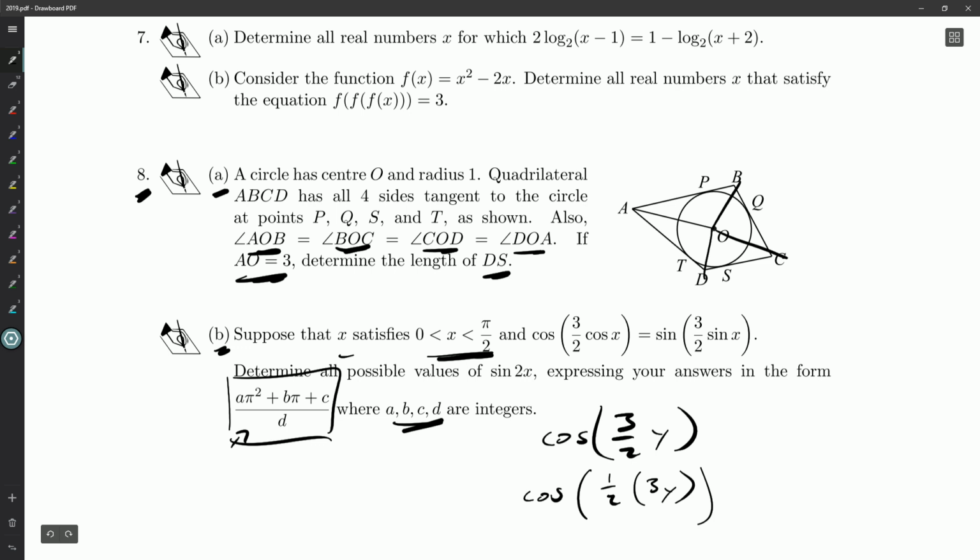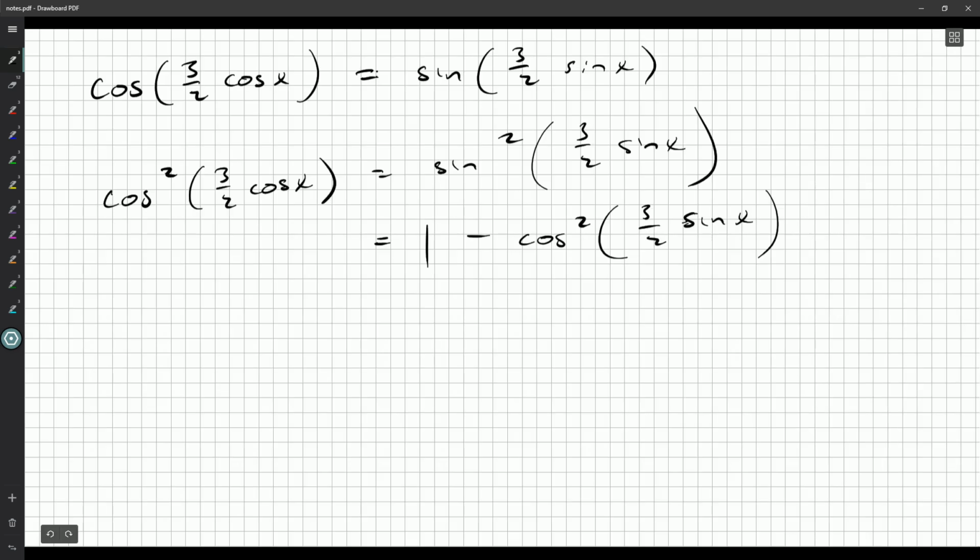I'm most interested, why is there an a pi squared in this? This is an interesting question so far. Cosine of a cosine.